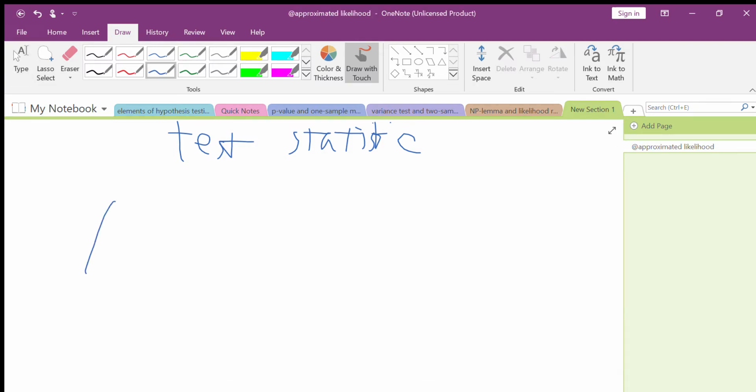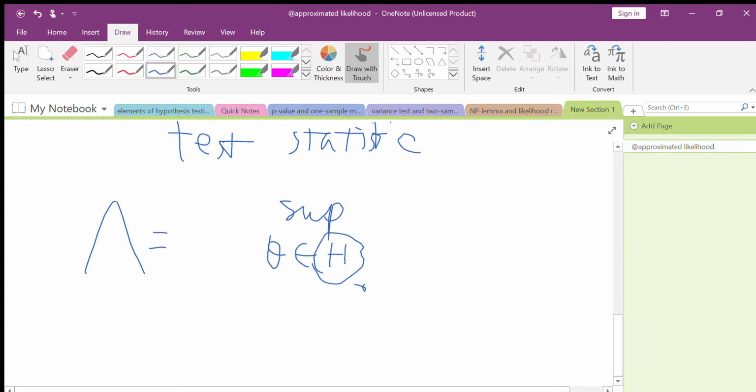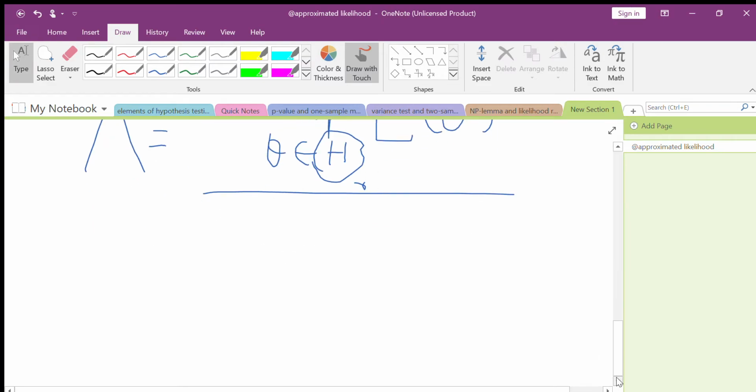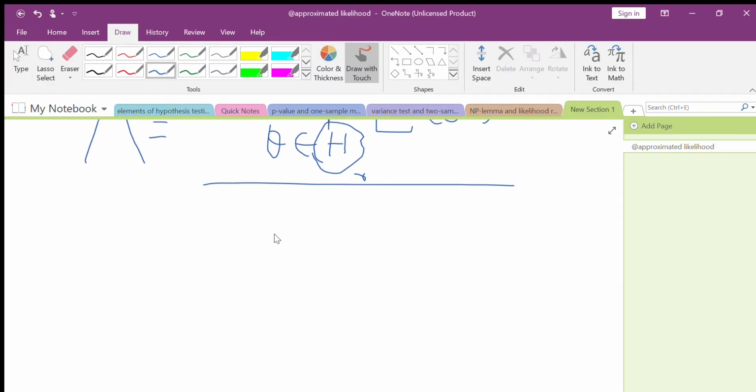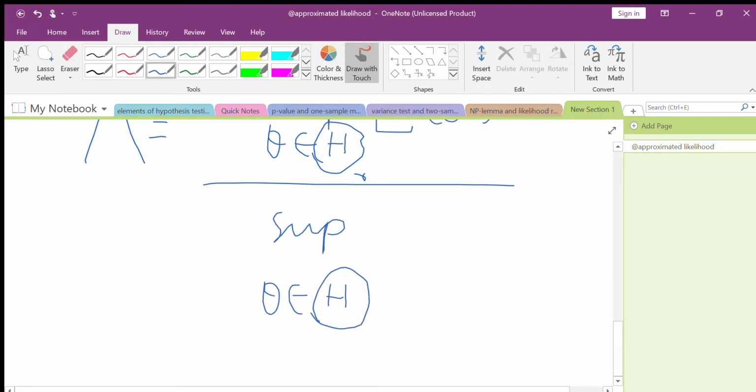Capital lambda equals, it is a ratio, so the numerator being the sup of theta from the null hypothesis parameter space likelihood function evaluated at theta, divided by the sup of theta from the whole parameter space capital theta likelihood evaluated at theta.